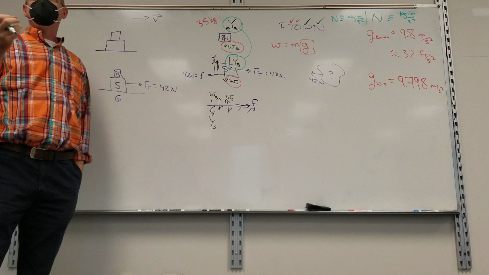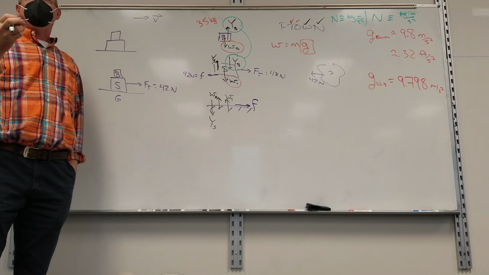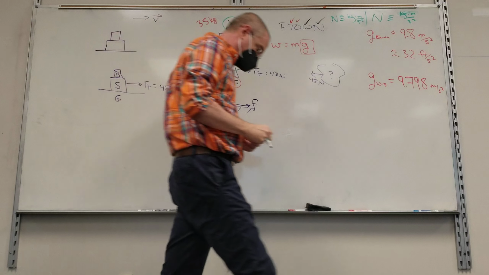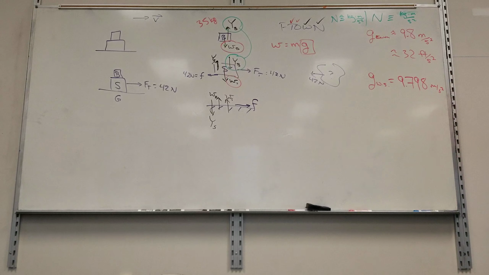Other questions up to here? All right, so which way is the sled moving? Is it moving up or down? It's constant. I heard a neither over there. All right, so there is no movement up or down at all.